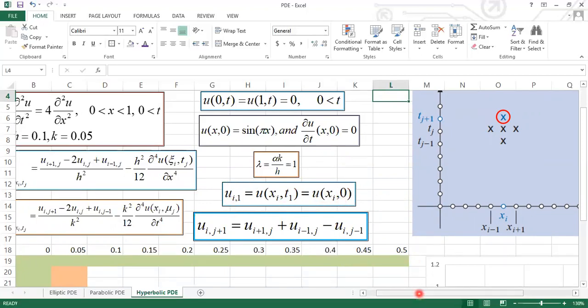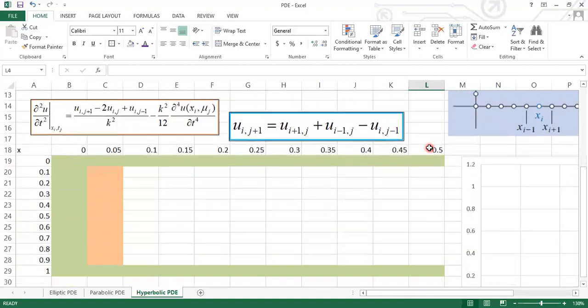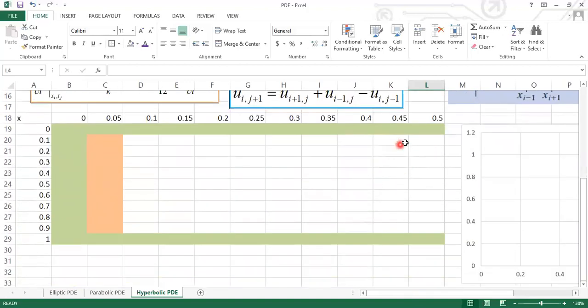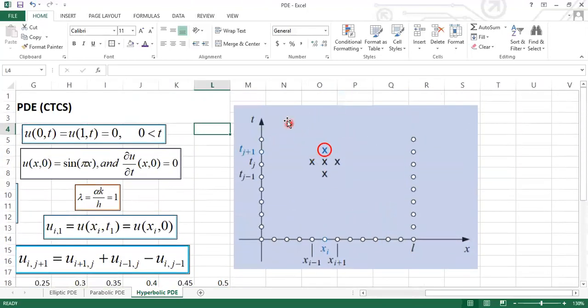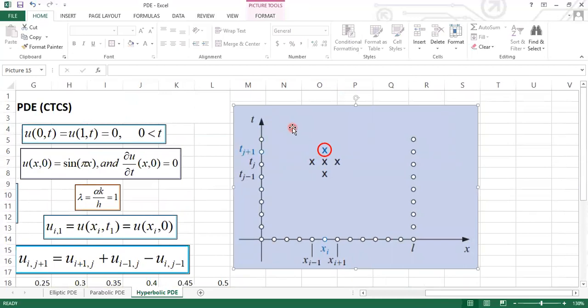So let's do the simple computations. I have developed a frame where different colors are the identification of boundaries and initial values. And in order to be consistent with the demonstration, let me make the figure consistent.